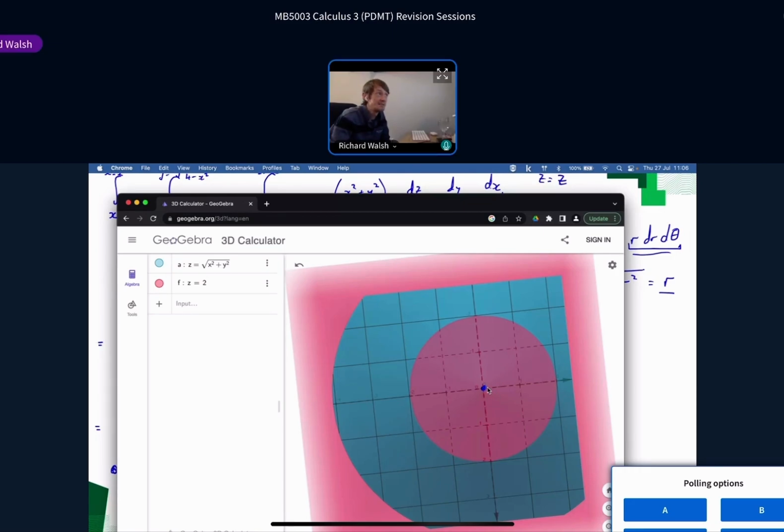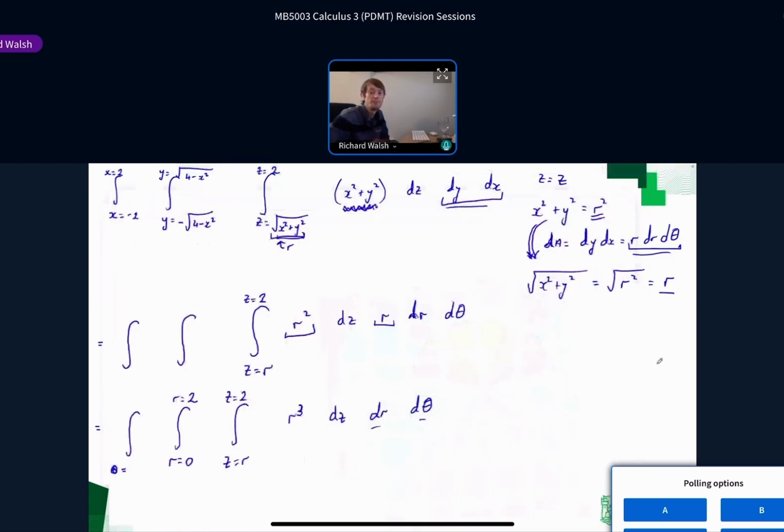Our theta limits then, well, it's a circle, so I go from 0 to 2 pi. They would be our theta limits, from 0 to 2 pi. So there is our change of coordinates, and now we're going to integrate that.